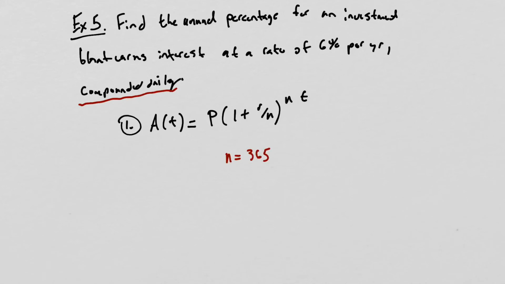And we also know that our r in this case is at a rate of 6% per year, so this is going to be equal to 0.06. We can plug these numbers into our equation, and we're going to get P times 1 plus 0.06 divided by 365 raised to the 365 times t.